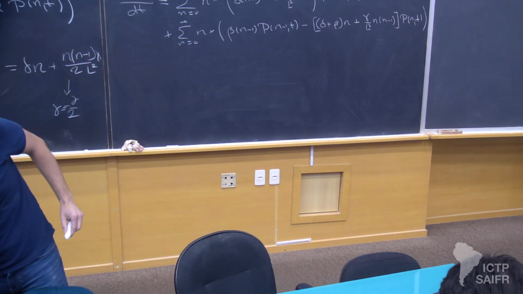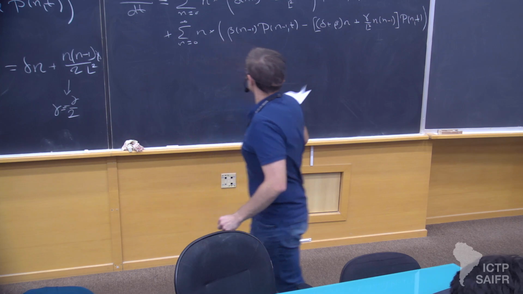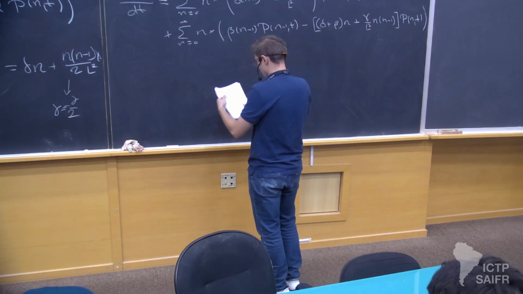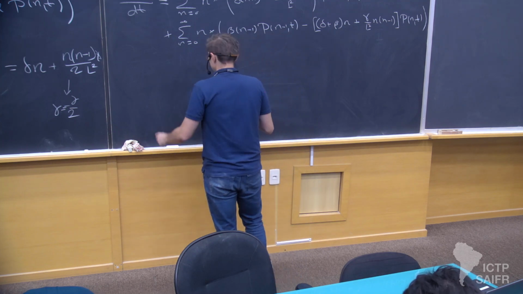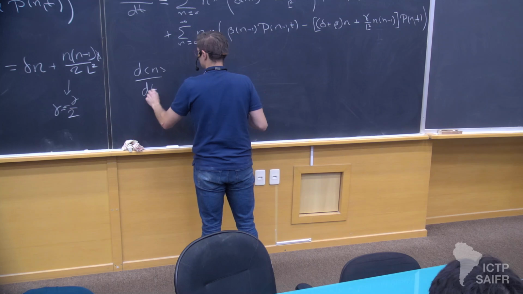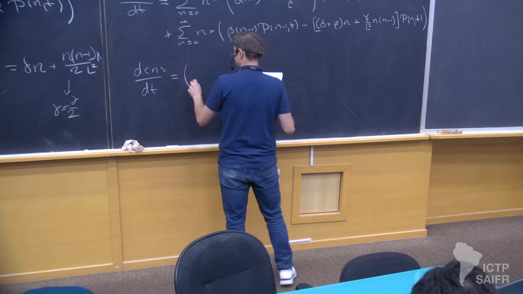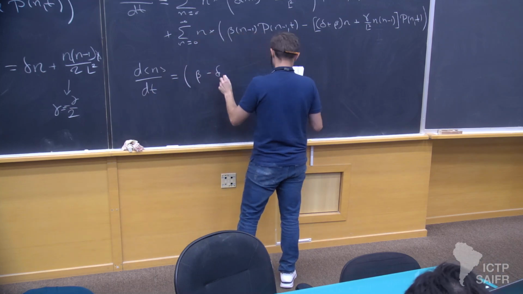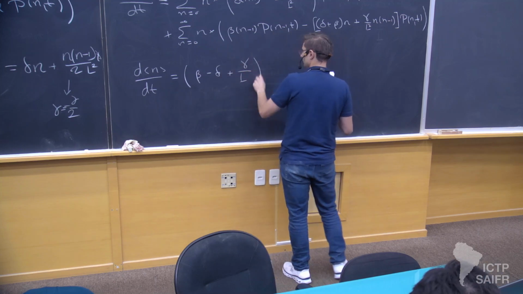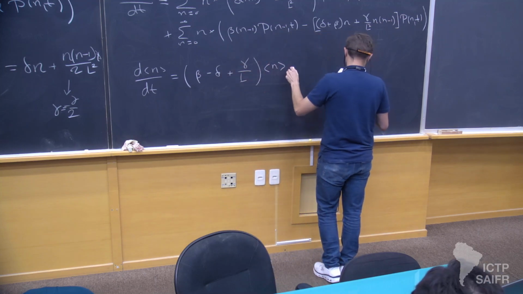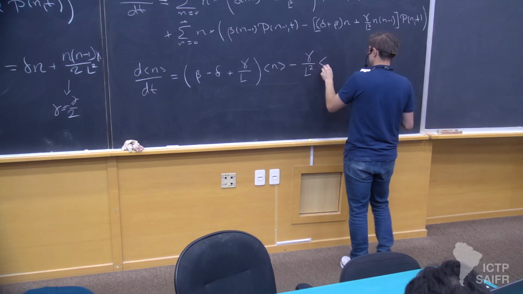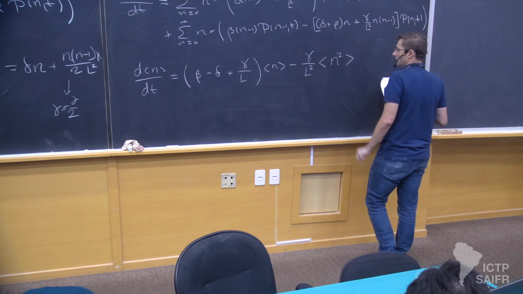Sorry, I think I showed too much. And if you manipulate all the math, what you are going to get is this equation: beta minus delta plus gamma over L, mean value of n, minus gamma over L squared, mean value of n squared.